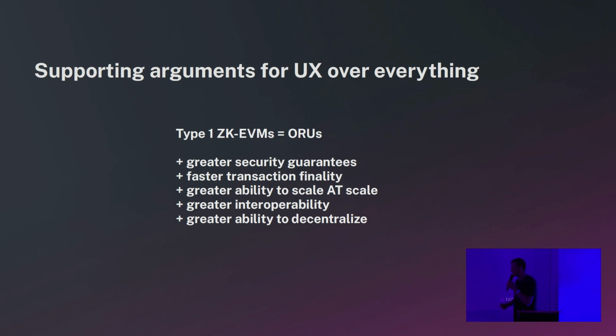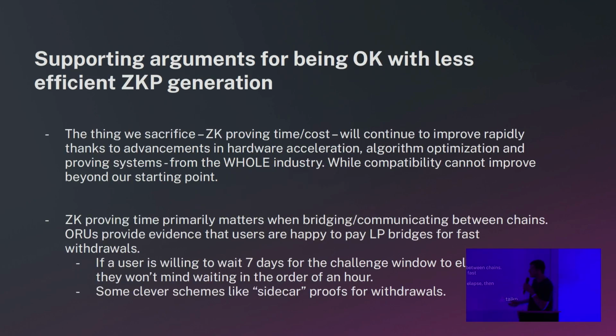That one requires some nuance, but if anyone's interested, we could talk about that after. I guess we have a break coming up. So I really like to think of type 1 ZK-EVMs as optimistic rollups, the tried, tested, empirical. Everyone loves that UX and equivalence, and then we get the nice properties of the validity proofs.